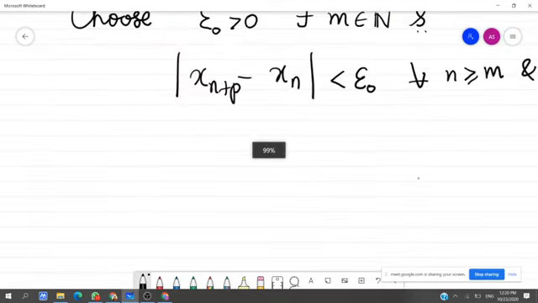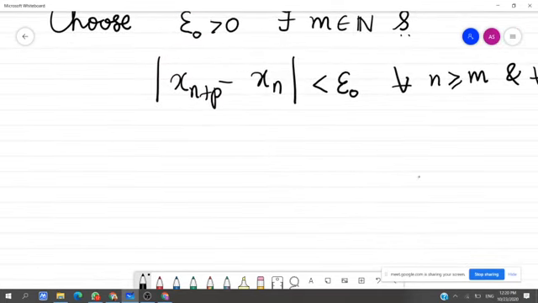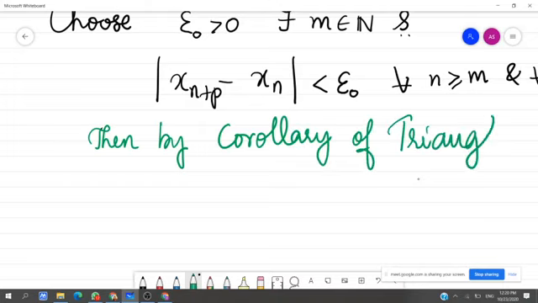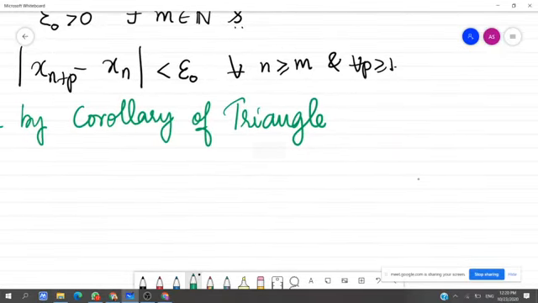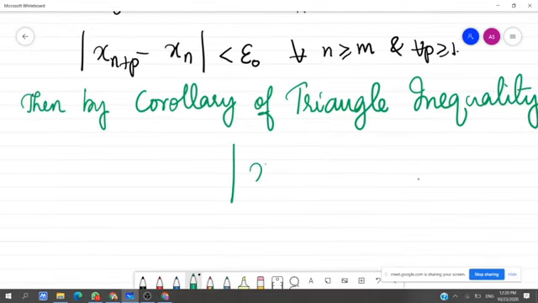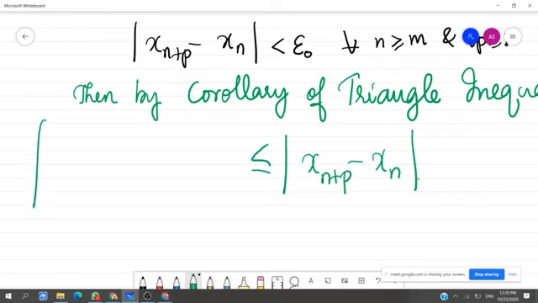By the corollary of the triangle inequality, modulus of a minus b is greater than or equal to modulus of mod a minus mod b.